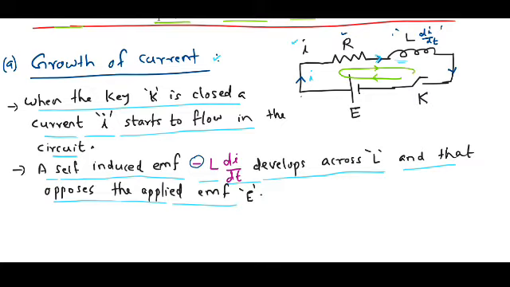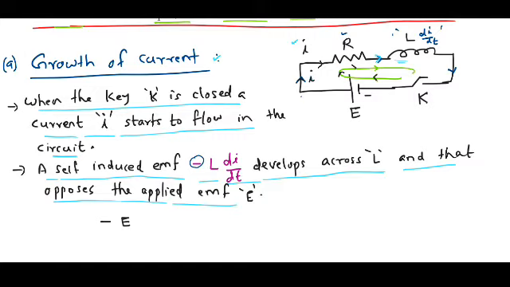That is, if I come along the path, I will see the negative terminal of the battery first. Therefore, this is minus E. Then, while coming, I meet the resistor, and the direction of the current is along the direction of the path we have taken.